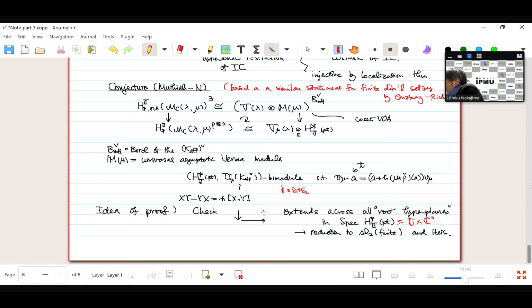And as I said, this root hyperplane is basically an SL2 finite dimensional system. But in fact, there's also one imaginary root hyperplane, because this is affine. So you must also check the statement corresponding to the imaginary root hyperplane.